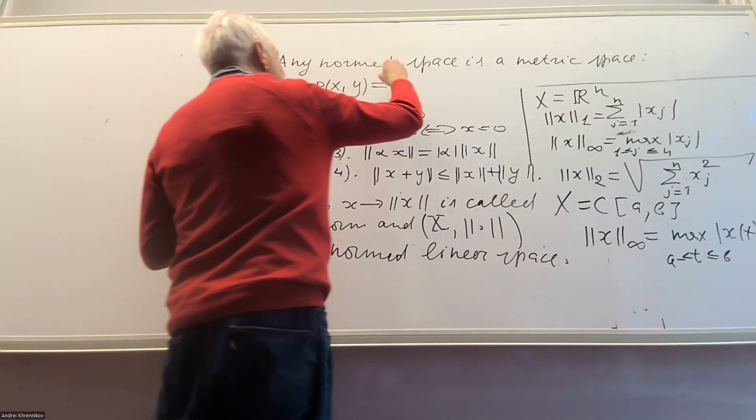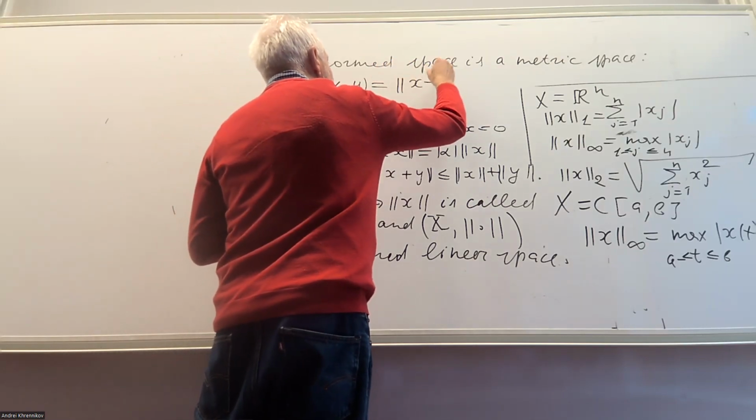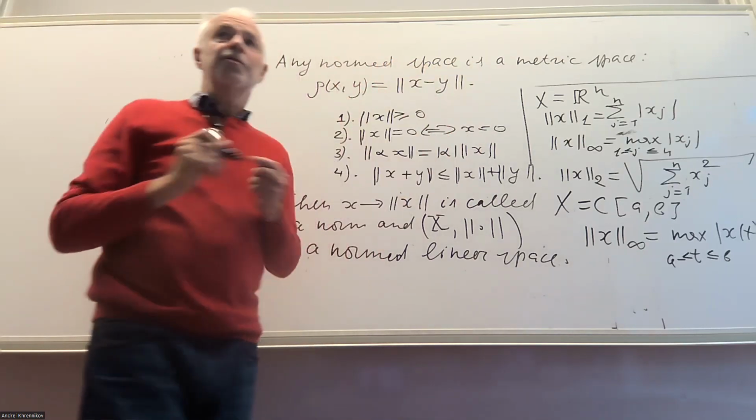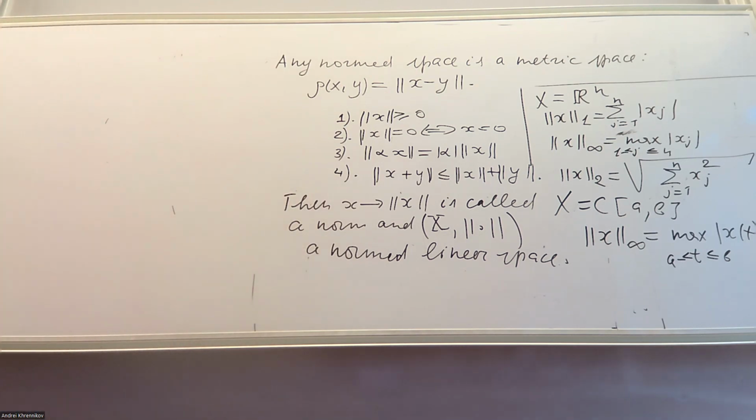As it was the absolute value of the difference, it would be the norm of the difference of two vectors. And you can see that all metrics which I wrote before can be written in this way through these norms.